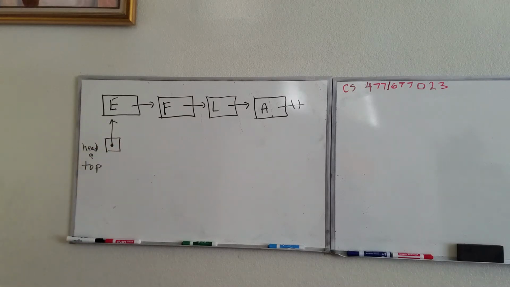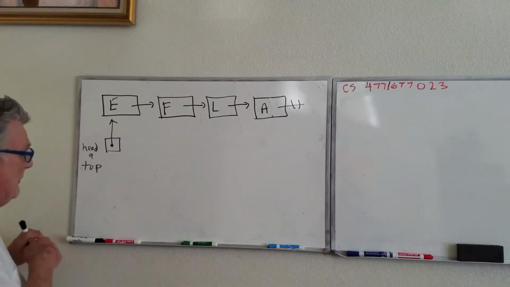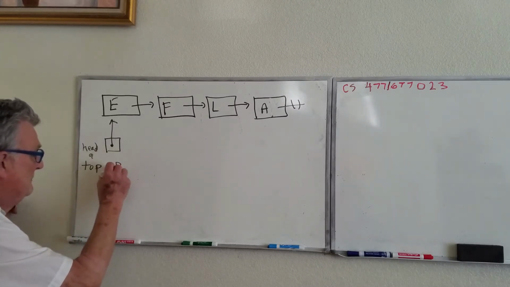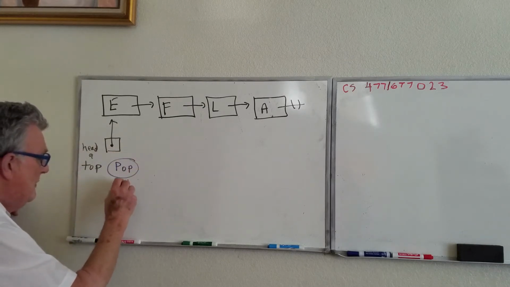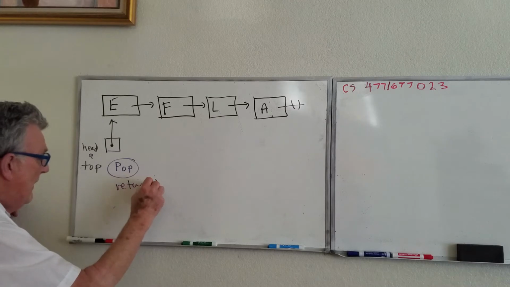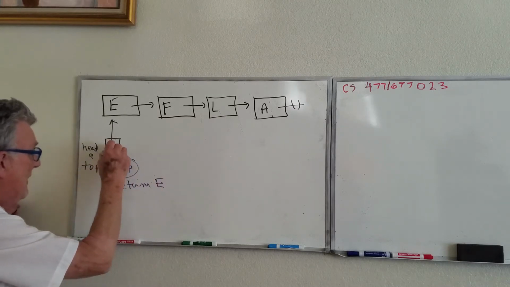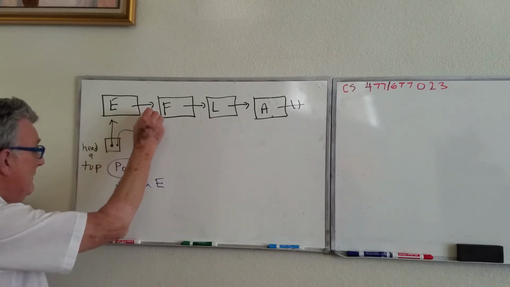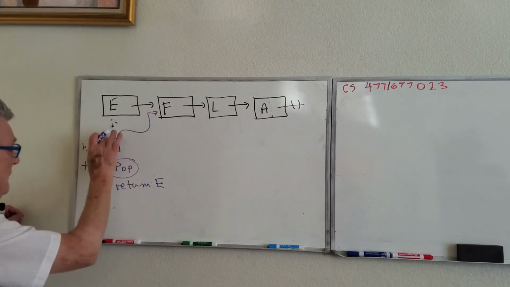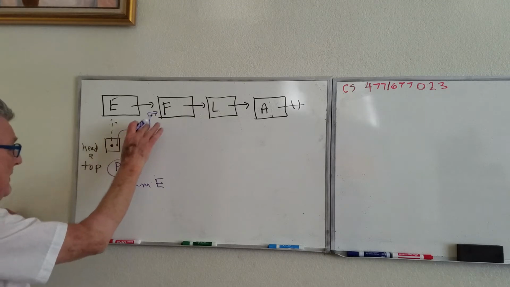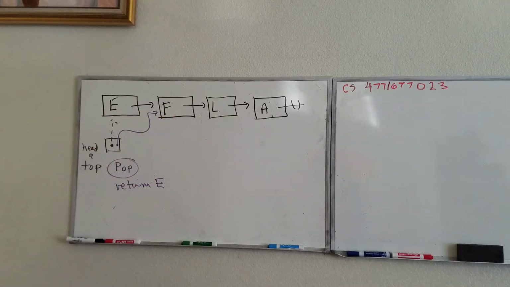All right, now let's see what happens when you delete something. Suppose, for example, we want to pop. What we do is we return the top item, E, but then we redefine the top item to be that, which means that this pointer is altered, so it now points to the next item.